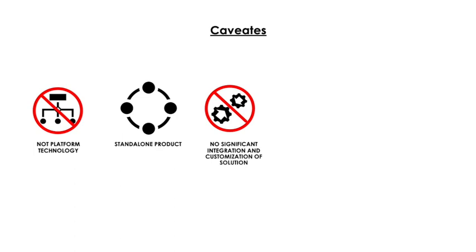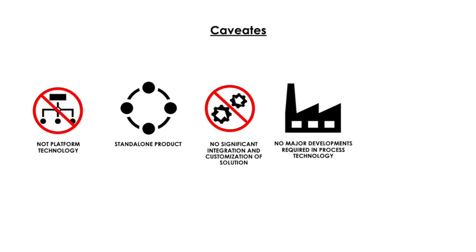It is also assumed that the process technology to scale the solution is well understood in the industry. Any new developments in the process technologies or requirements to integrate the solution into customers' existing systems will introduce other valleys of death, and steps to account for these additional risks are not discussed here.